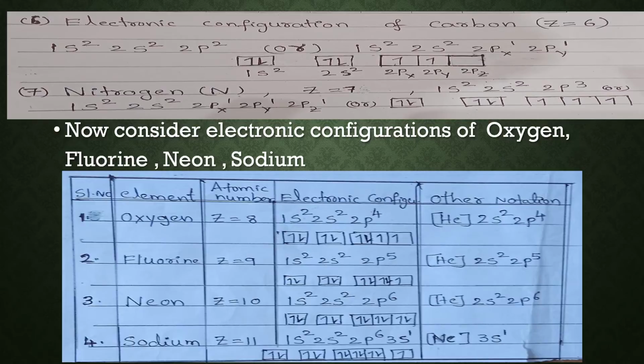Thus, electronic configuration of nitrogen is 1s2, 2s2, 2px1, 2py1, 2pz1 or 1s2, 2s2, 2p3. Now, let us write electronic configurations of oxygen, fluorine, neon, sodium.